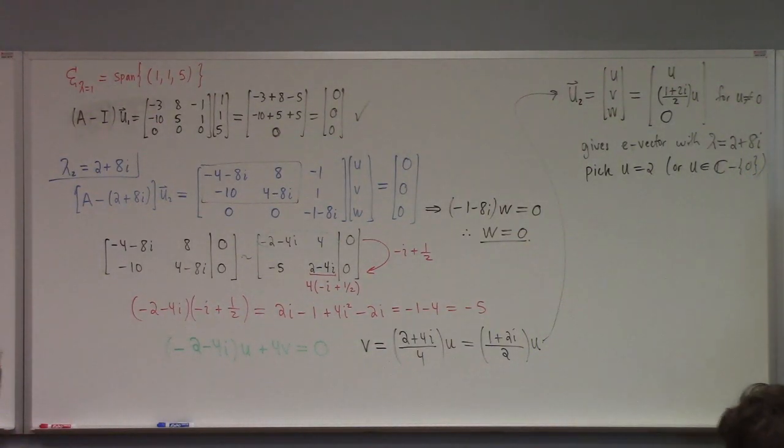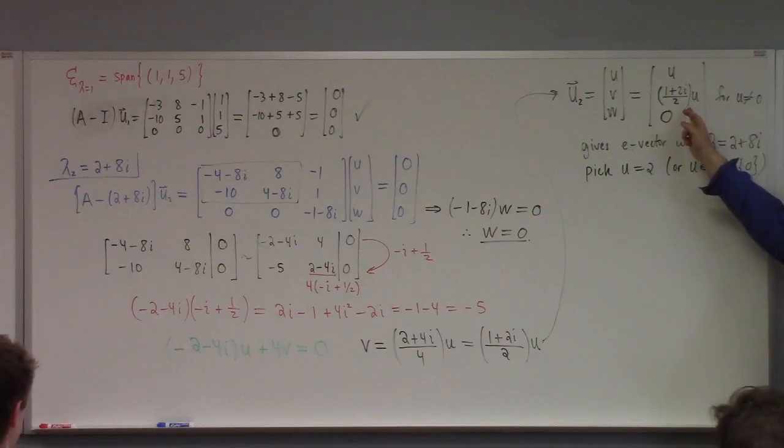This is what's so annoying as a grader about these problems. There is an infinity of possible complex eigenvectors, and they don't have to look at all the same, because this is a complex scalar. I could put 3 plus 4i there if I just wanted to mess with the instructor.